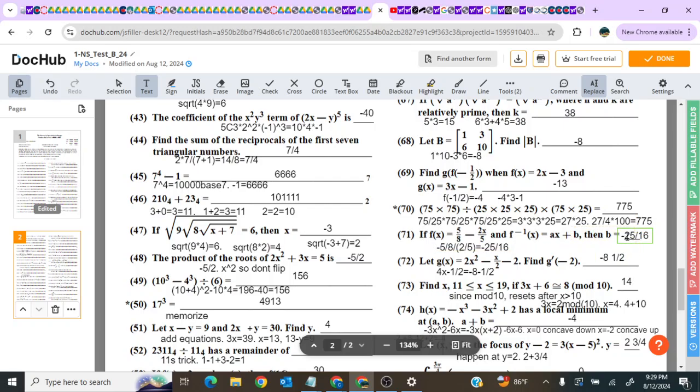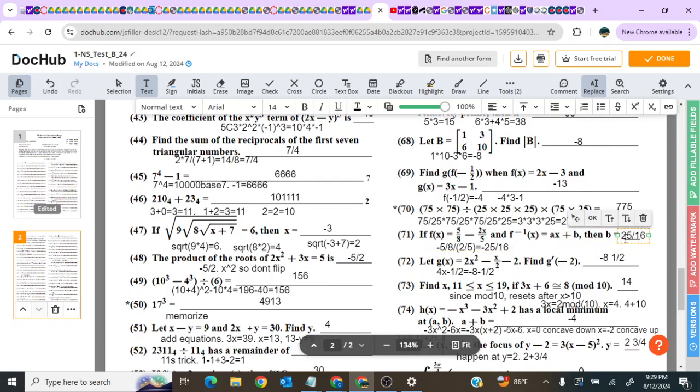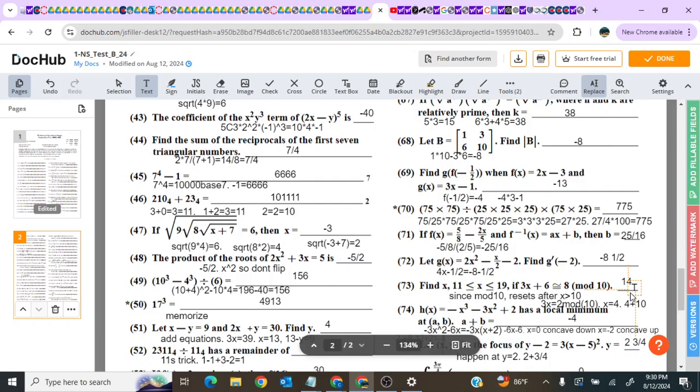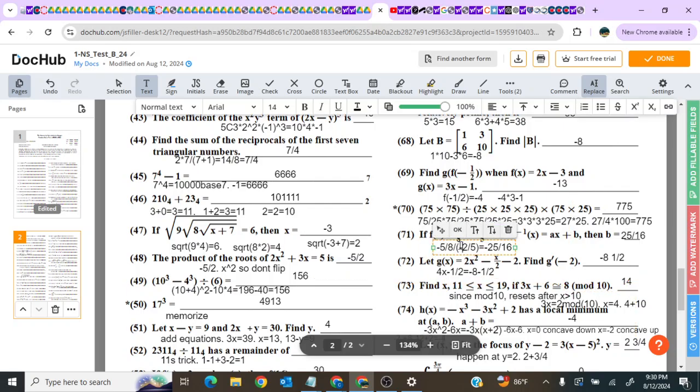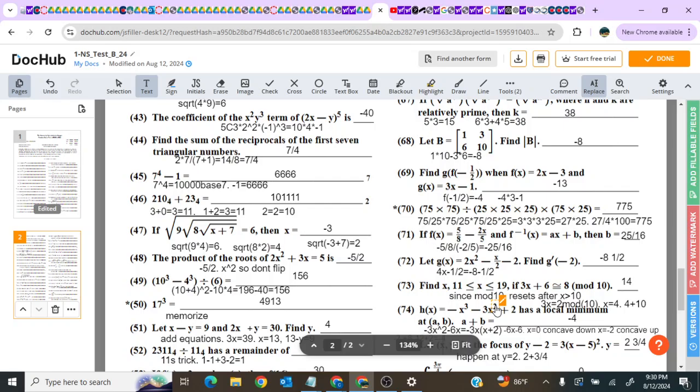So negative 5 over 8 divided by negative 2 over 5, which means you flip it. Negative 5 over 8 times negative 5 over 2 gets you 25 over 16.